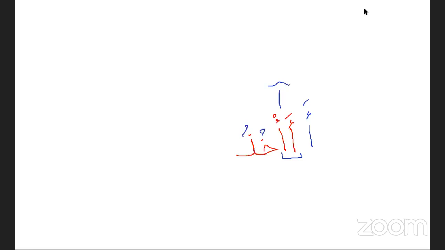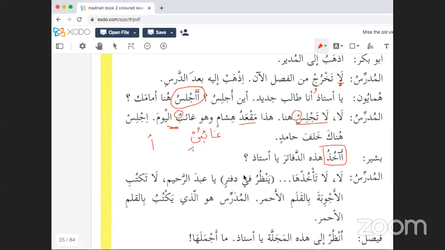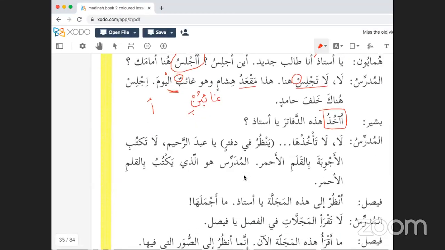Okay. جيد. So then Bashir said, آخذ هذه الدفاتر يا أستاذ.